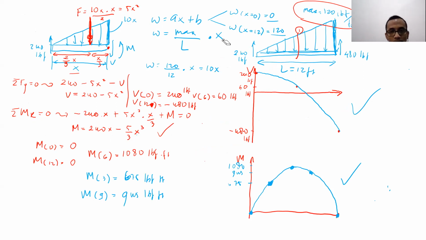But when x is equal to 12, should we take the 480 pound force on the right edge into account, sir? If we want to draw the whole free body diagram, yes, we have to draw it like this. But the problem is, in order to represent the section, we cannot draw the whole free body diagram. So we have to draw it like this.